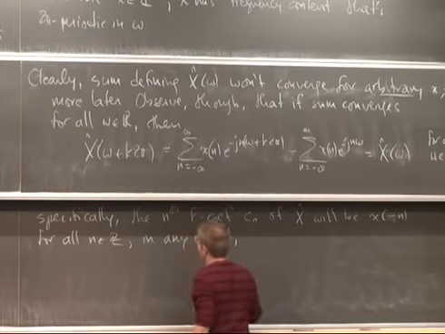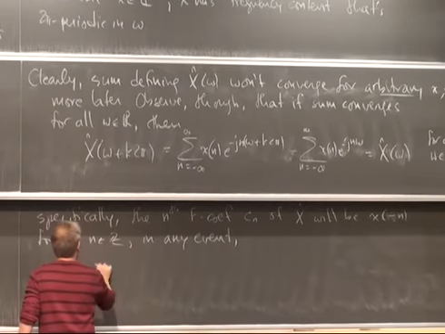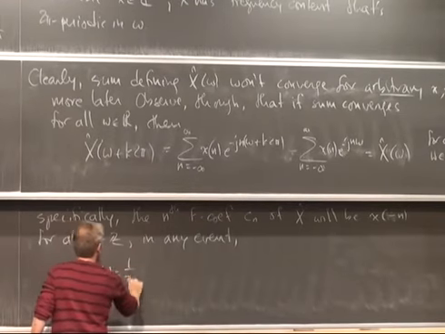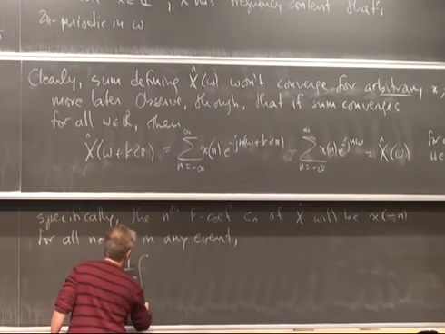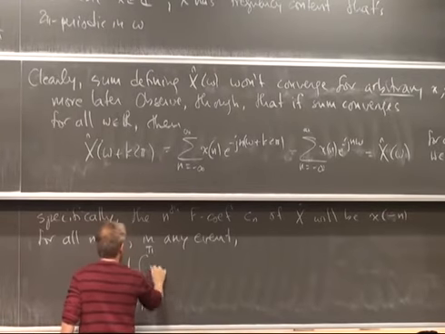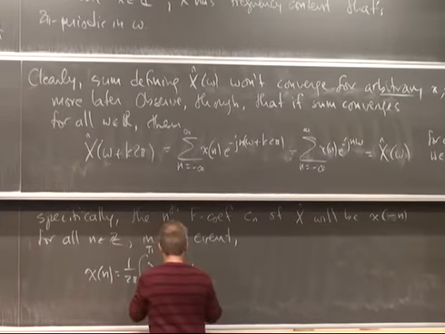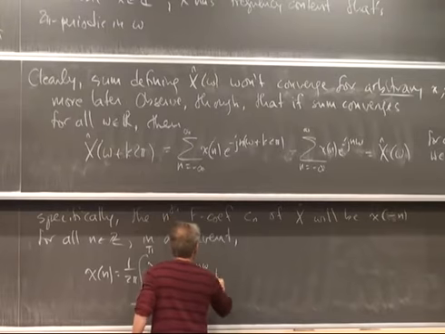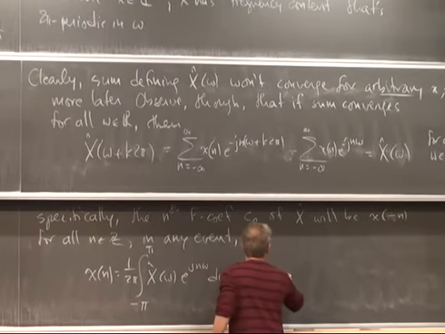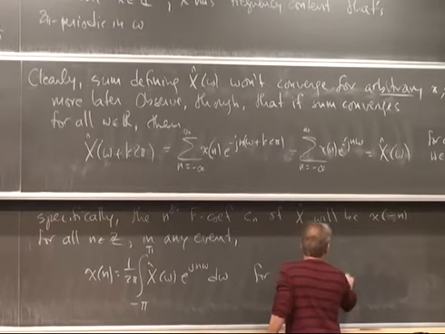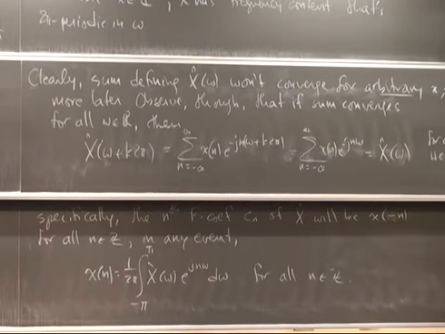And in any event, for every n in the integers, we're going to have the following formula. X of n is going to equal 1 over 2 pi integral from minus pi to pi of x hat of omega e to the positive j n omega d omega. And if you want, you could think of that as x of minus n is equal to e to the minus j minus n omega, and so on.